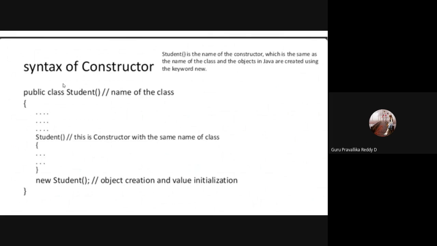See here the syntax of a constructor. If you take Student, public class Student, it's the name of the class. The name of the class is the constructor here. Student is the constructor with the same name as the class. New Student is object creation and value initialization. So here, Student is the name of the constructor, which is the same as the name of the class, and objects in Java are created using the keyword new.